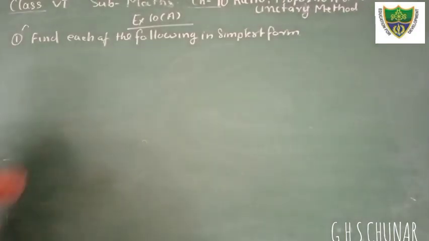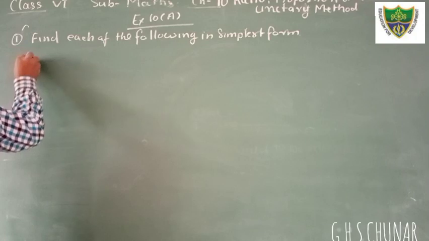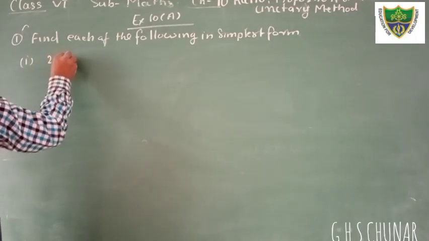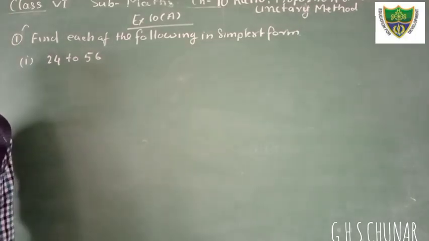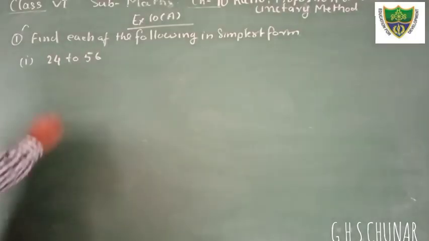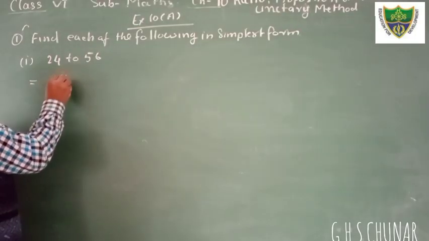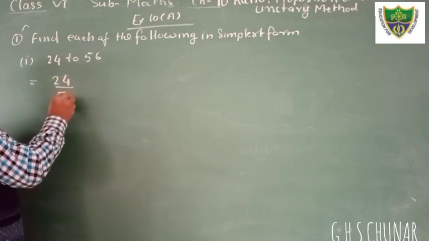First, 24 to 56. To find the ratio, we write it in the form of a fraction, that is 24 upon 56.